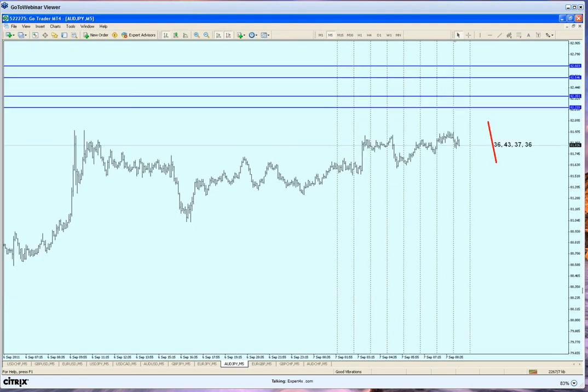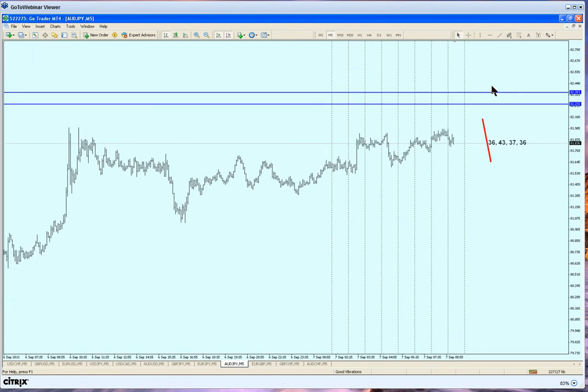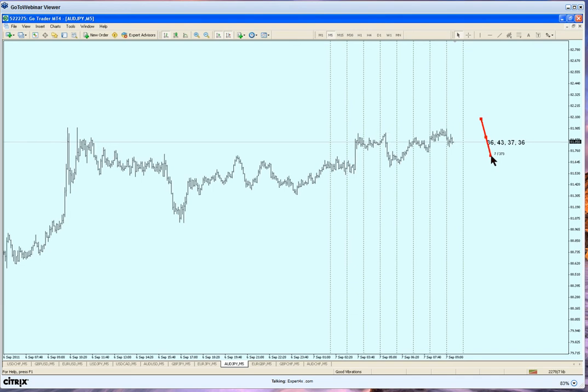I'll see there's some lines up there. Aussie yen, very sideways market, so nothing much is happening. Oh, I just want to check the size here. Yeah, 43, 39, 37. There's not much happening in the market at the moment.